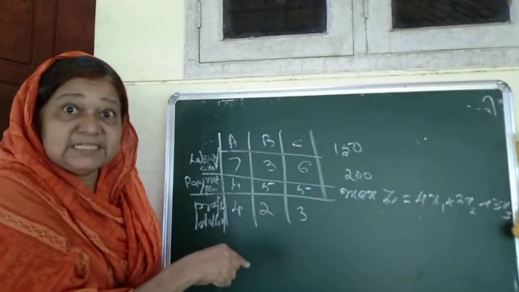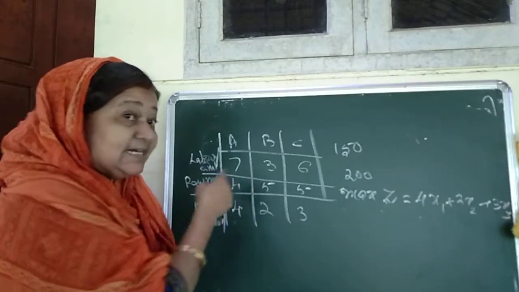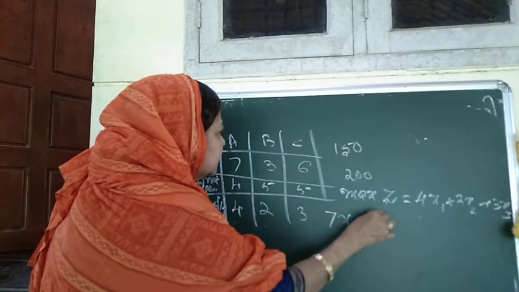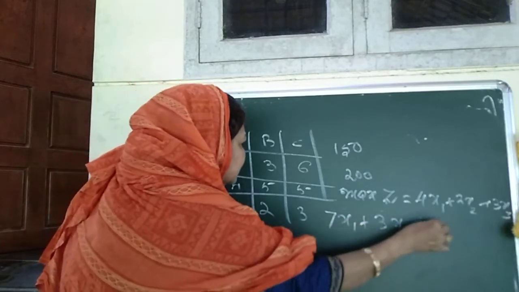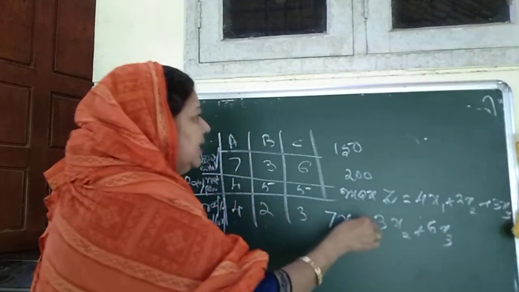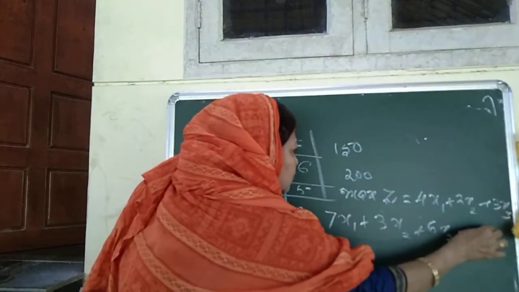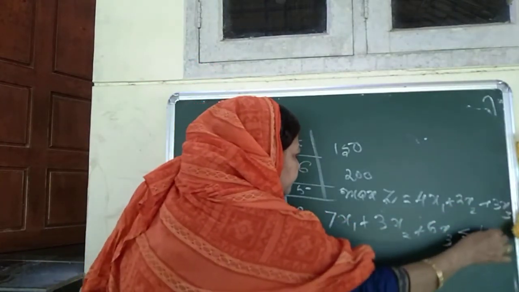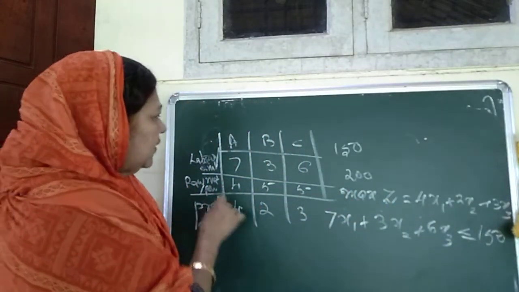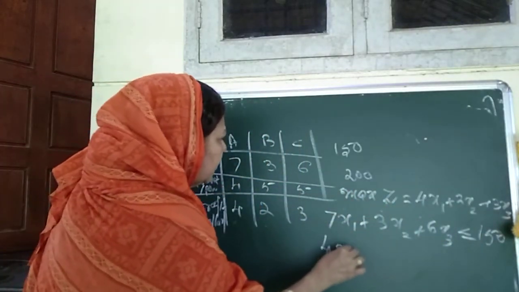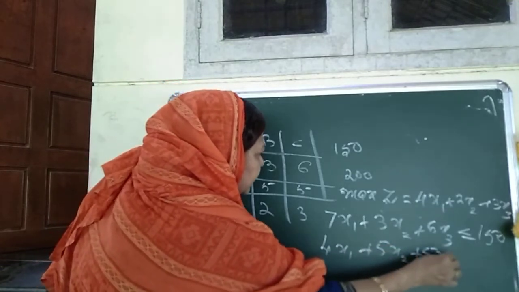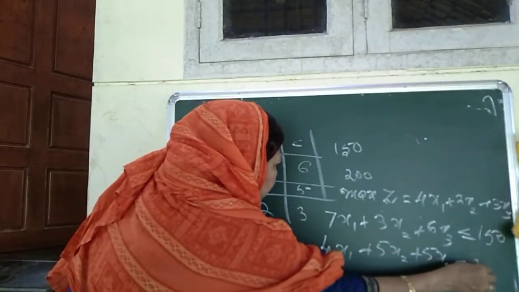Subject to some restrictions, or constraints. The constraints are 7x1 plus 3x2 plus 6x3 less than or equal to 150. Similarly, for raw materials, it is 4x1 plus 5x2 plus 5x3 less than or equal to 200.